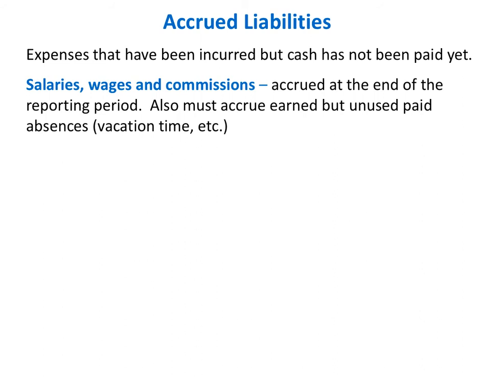One of the common accruals is for unused paid absences. In other words, vacation time or personal time that has accrued as a result of an employee's tenure, but the employee has not used that time yet.